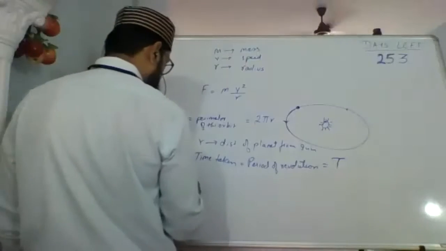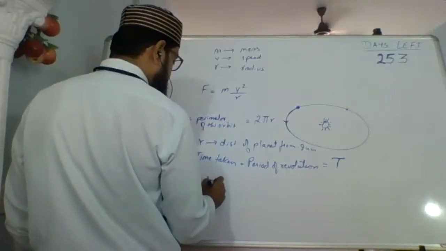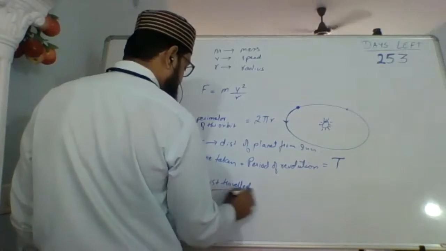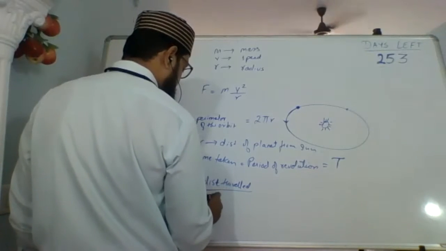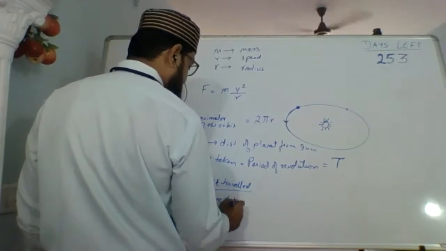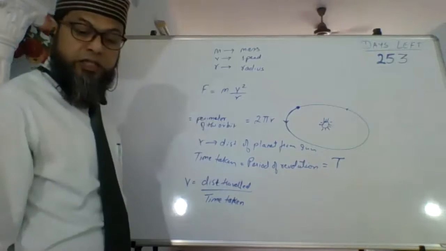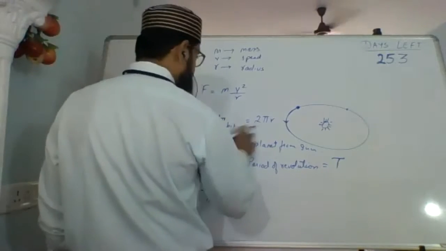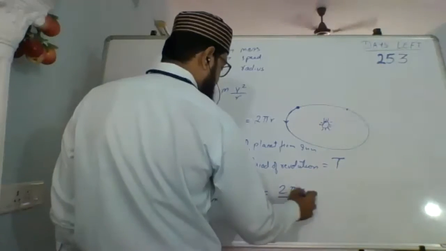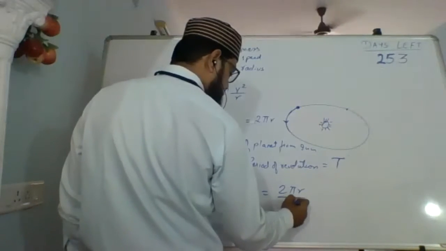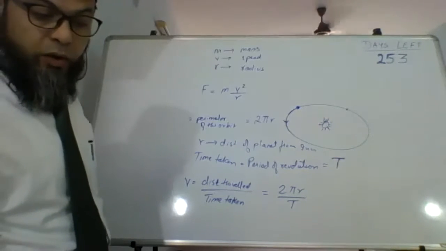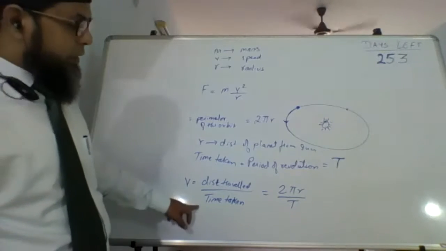So v equals distance traveled upon time taken to travel the distance. Now distance traveled is 2 pi r, and time taken for one revolution is T.